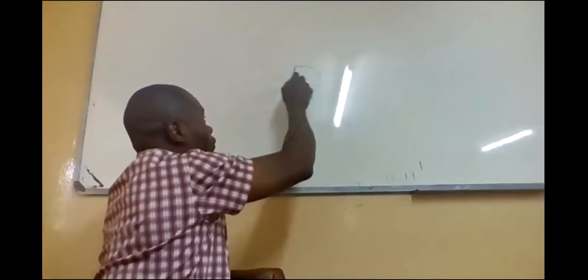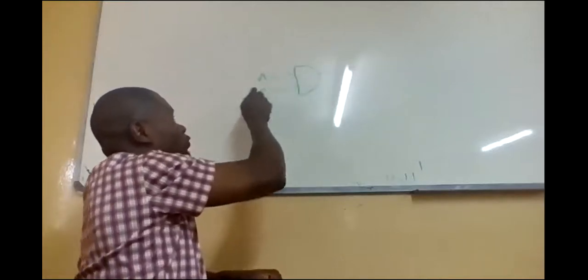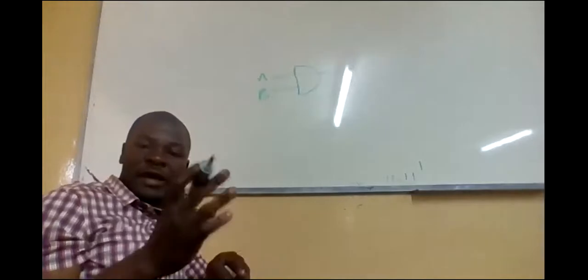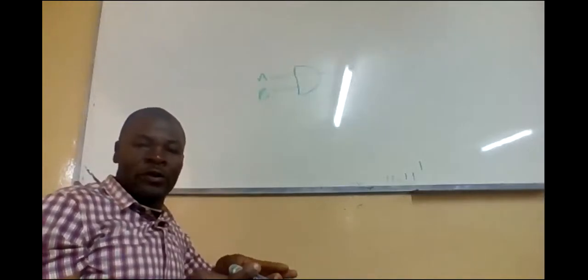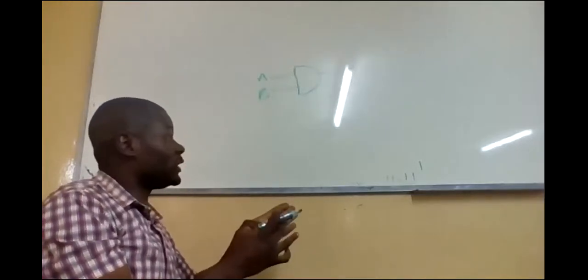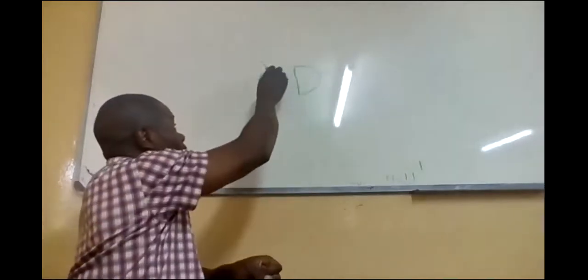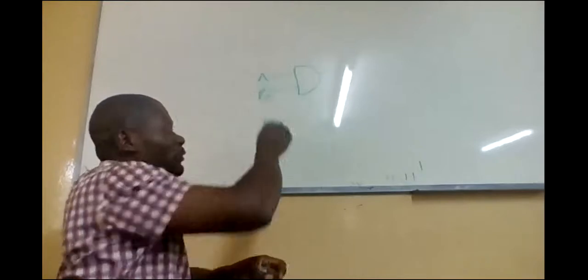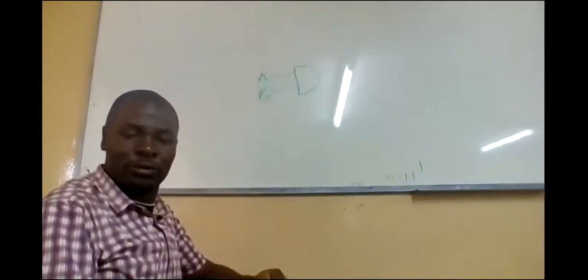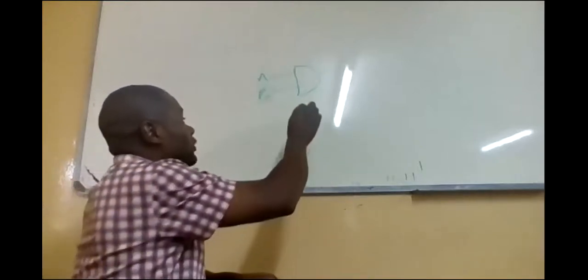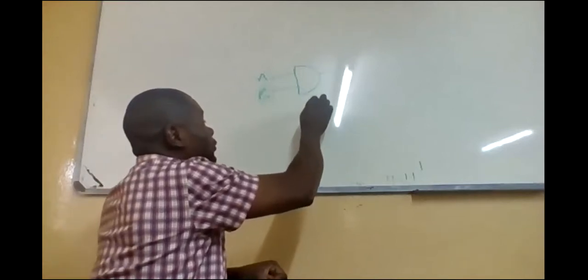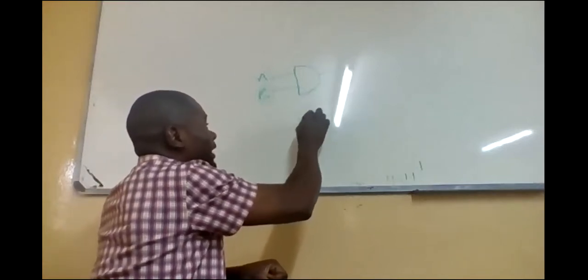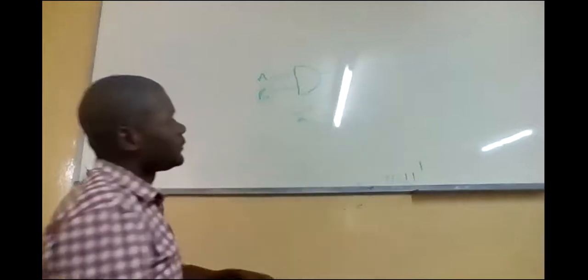Then we've got, according to our question, two inputs. So if they ask you to draw the truth table for this one, you're supposed to first look at the number of inputs. And when you're coming up with the variables of input, you're going to say 2 to the power n is equal to x.